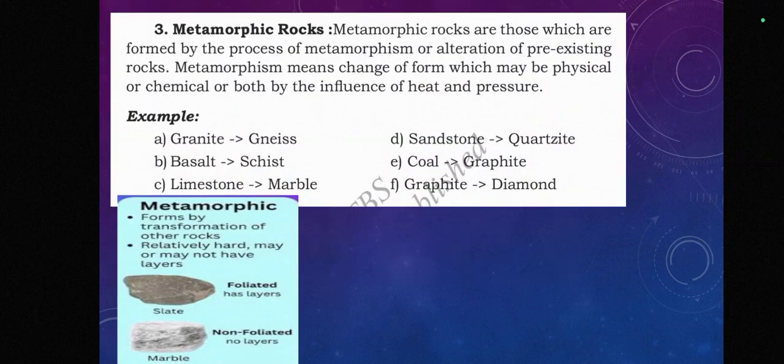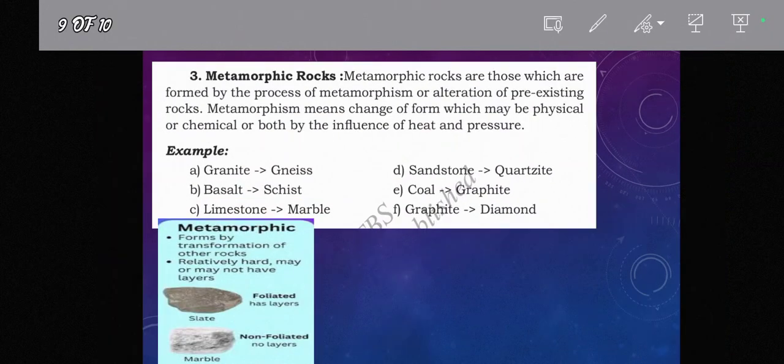Last and final is the metamorphic rock. Metamorphic rock is the tertiary rock, the final one after igneous and sedimentary. These rocks are formed by the process of metamorphism.